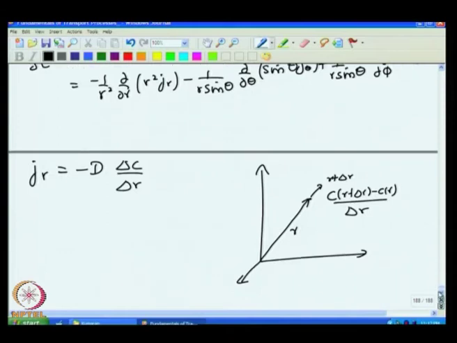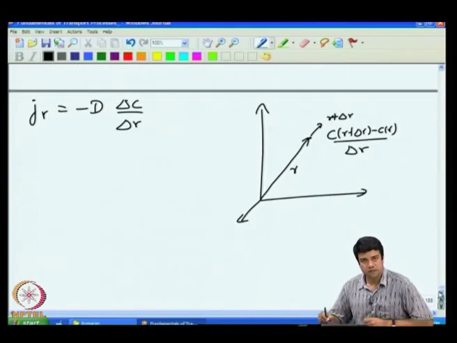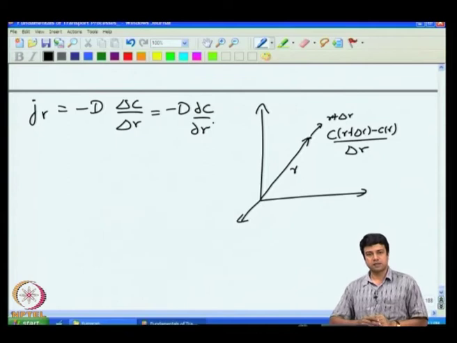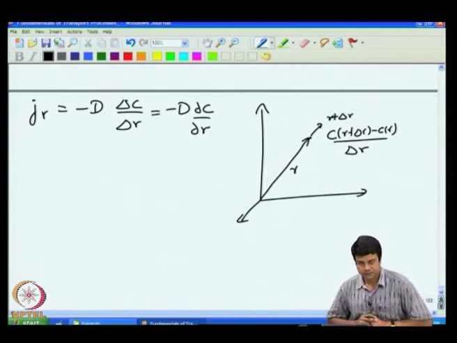And if I take the limit of delta r going to 0, this is effectively minus D partial c by partial r.